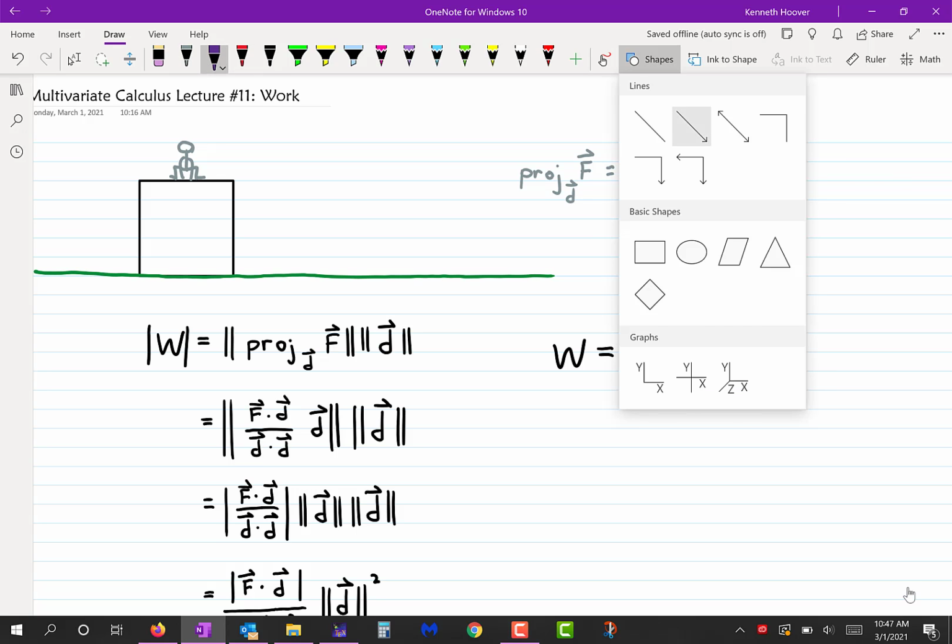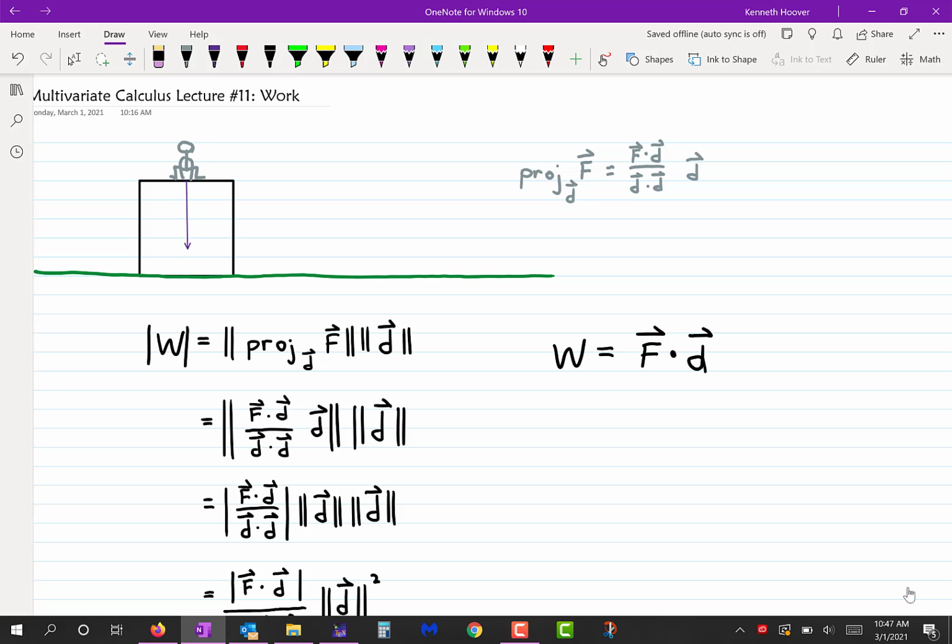Then you would be doing a force like this. Would the box move? It would not move, would it? So the displacement vector would be the zero vector. And so F dot D would be the number 0. And so you would be doing zero work.